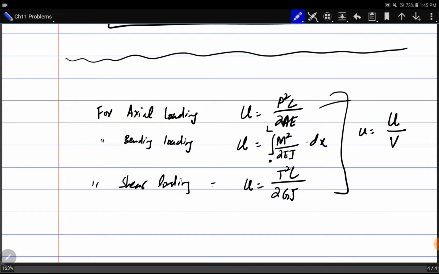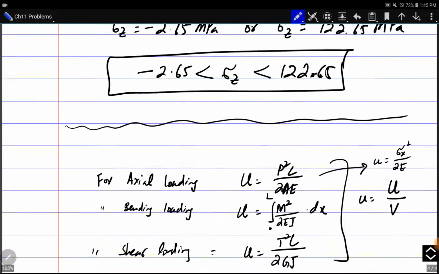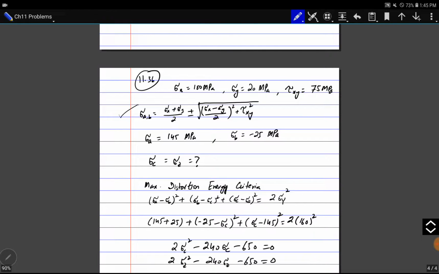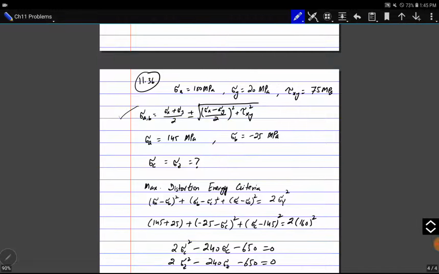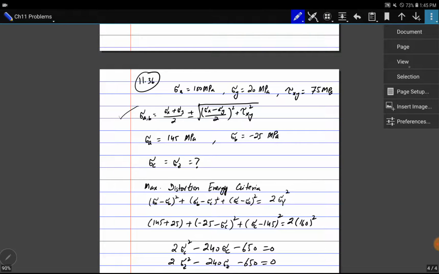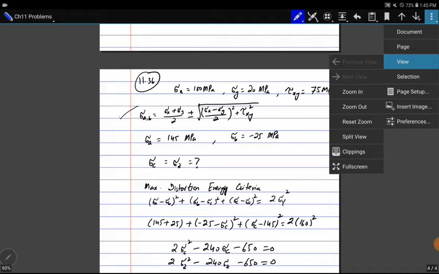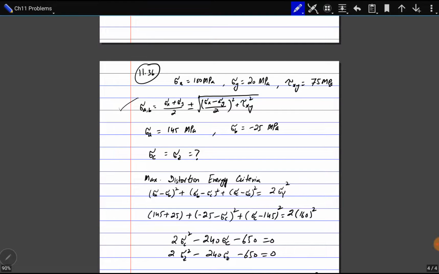And for normal loading it is very simple, sigma x squared divided by 2E. Sigma x is stress in the direction of the load. Direction can be x, y or z. So I hope the solutions to these problems will be helpful for the students in order to solve all of the other problems by themselves.